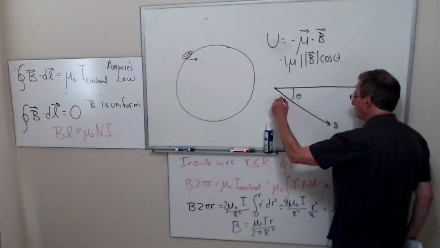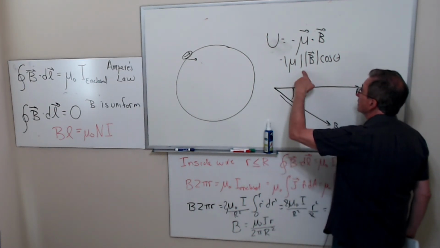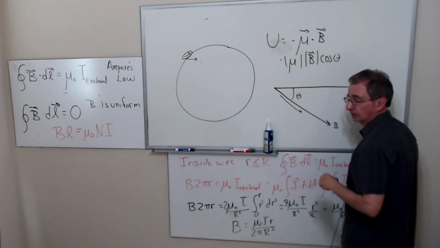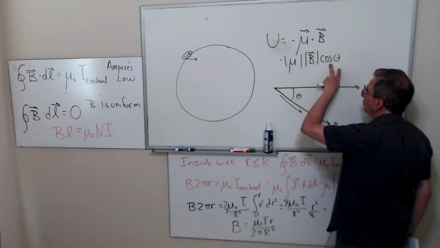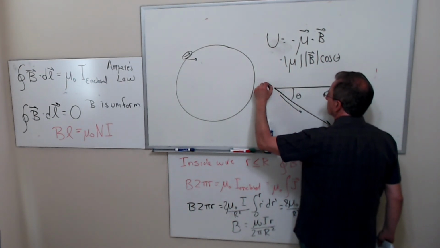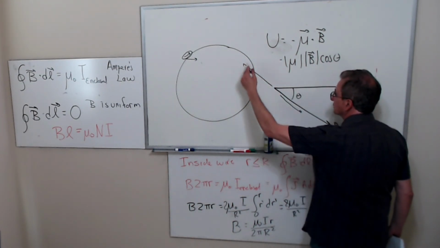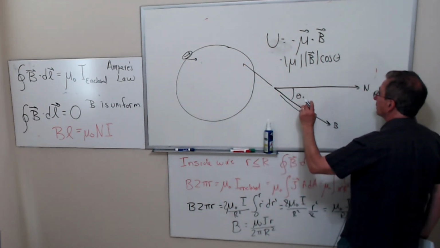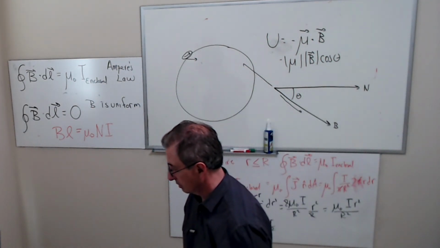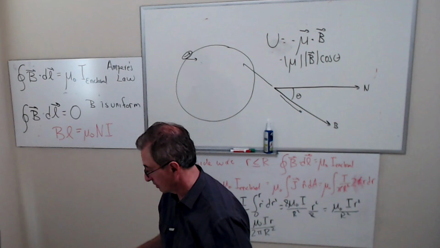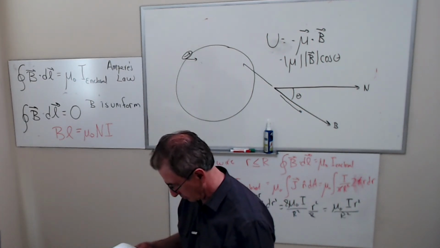If mu and B are parallel, then this is minimized because of the minus sign. If mu and B are anti-parallel, cosine of 180, pointing this way above the southern direction, then this is maximized. Is that okay, Aiden?